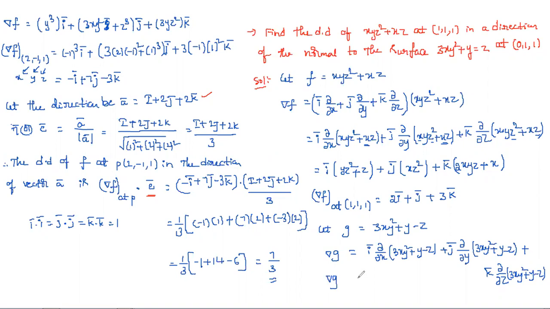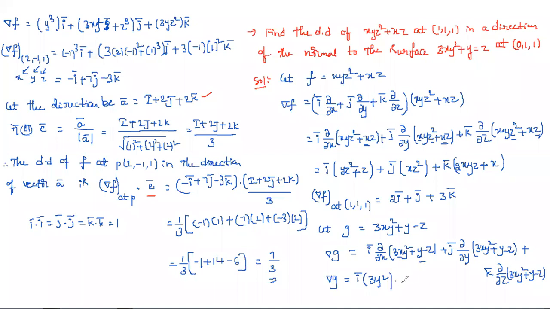Now, so i into dou by dou x of this with respect to x. We get 3y square, because the derivative of x is 1 and there is no x coefficient in that.